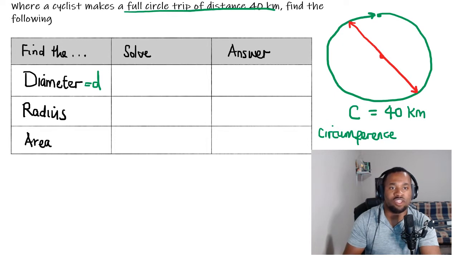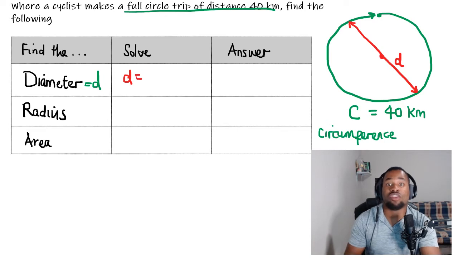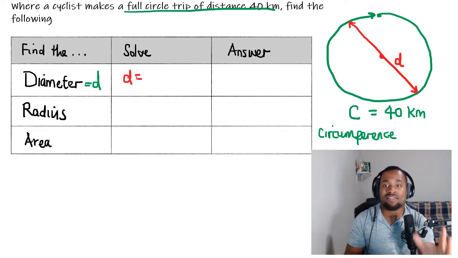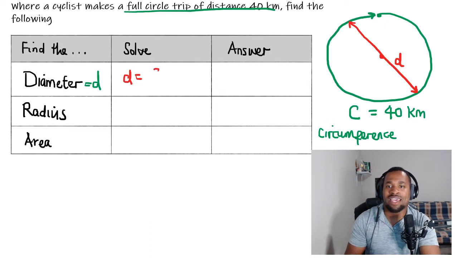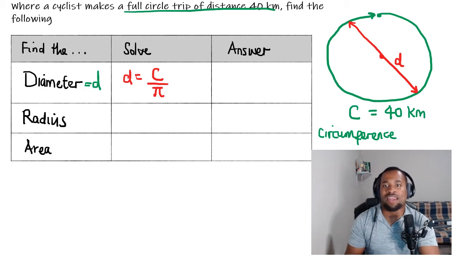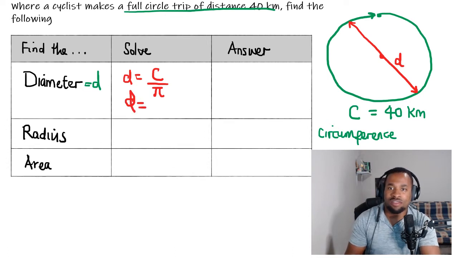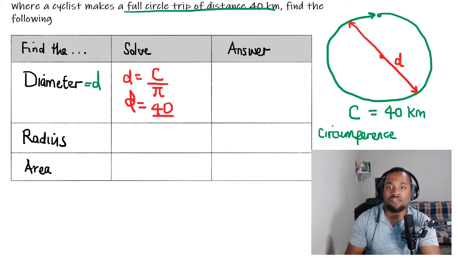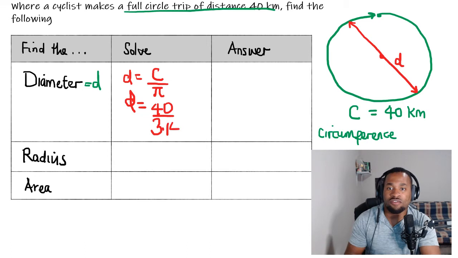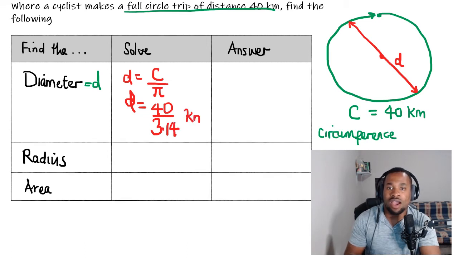D shows the relationship between pi and circumference: it is the circumference divided by pi, and pi is expressed as 3.14. Therefore the circumference, 40 kilometers, is going to be divided by 3.14, so our calculator will be used to determine this number.